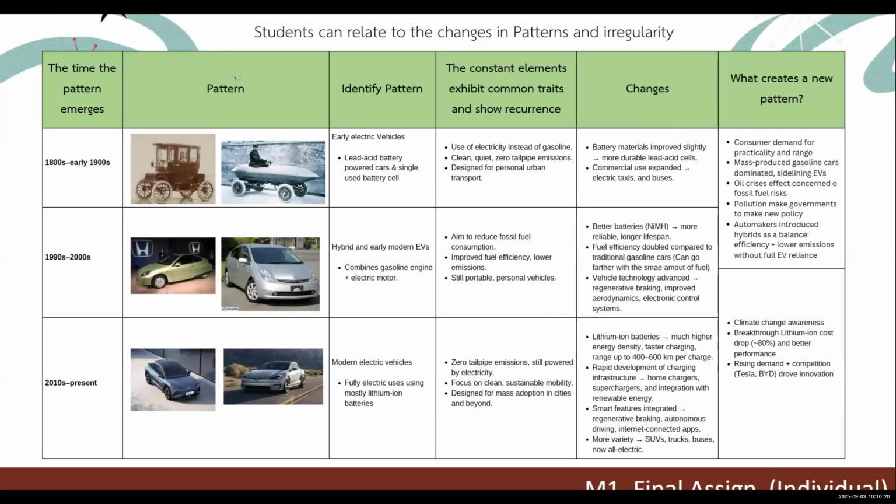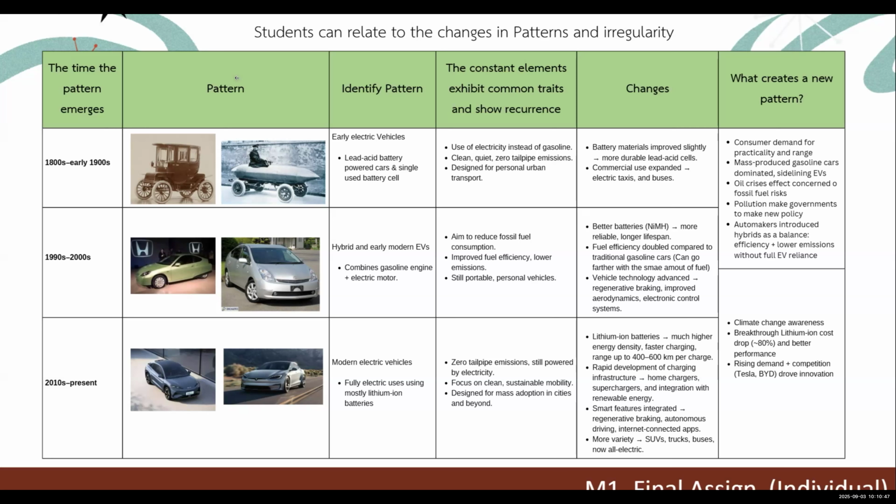The change is that they used electric taxis and improved battery materials. Around 1839, the first electric car used a single-use battery cell, but around 30 years later, they changed to rechargeable batteries.